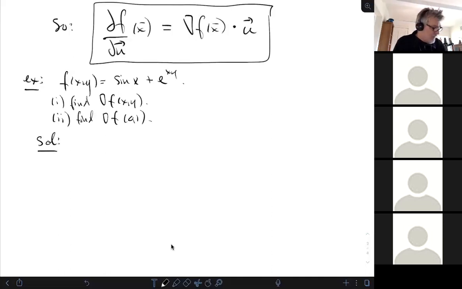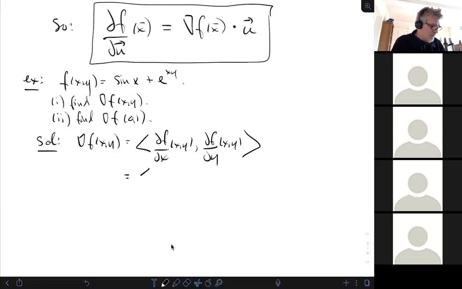So what is the gradient of f at a typical point? Well, this is a function of two variables, so the gradient is a vector in R2. It's del f del x at the point x, y, del f del y at the point x, y. So I just compute the partial derivatives. They're easy. The derivative of sine x with respect to x is cos x. The derivative of e to the xy with respect to x is y e to the xy.